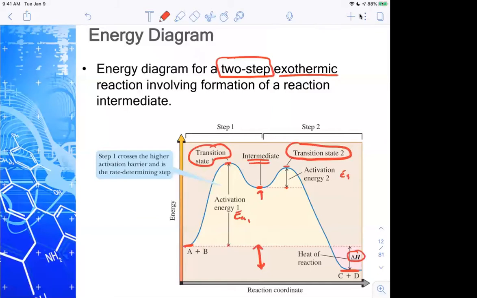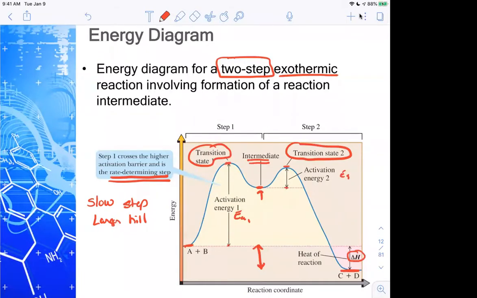Step 1 has a much larger activation energy. So step 1 is called the rate determining step. The rate is always determined by the slow step. So the larger hill is going to indicate that that energy of activation is larger, and the reaction overall is going to occur slower.